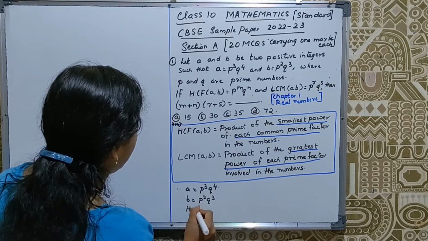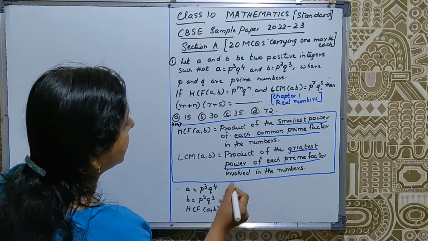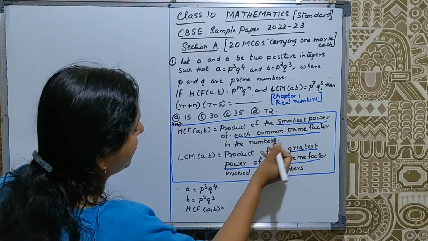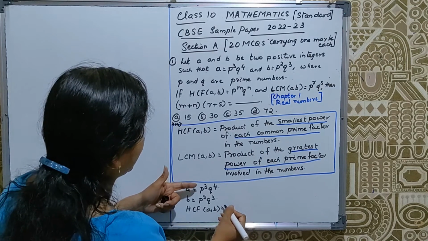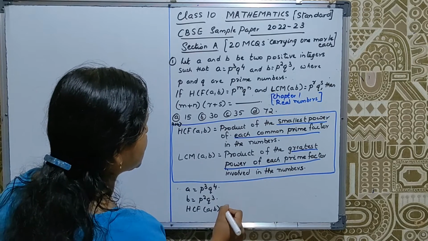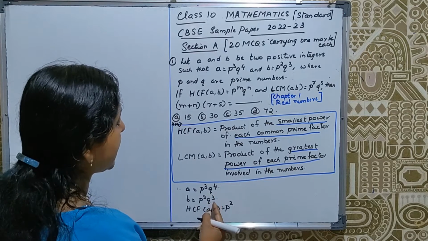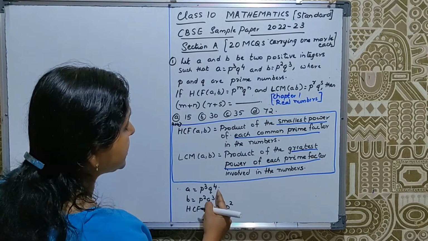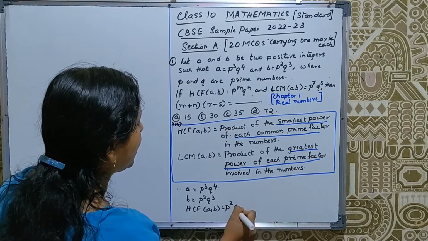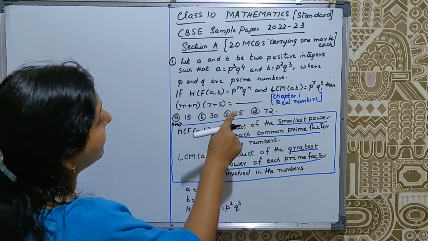HCF of A comma B will be the smallest power of each common prime factor. Out of P 3 times and P 2 times, what is the smallest power of P? P 2 times. Out of Q 4 times and Q 3 times, which is the smallest power of Q? Q raised to 3.